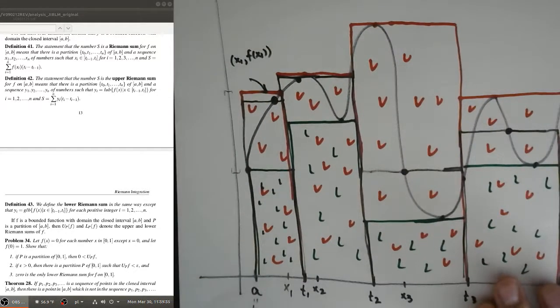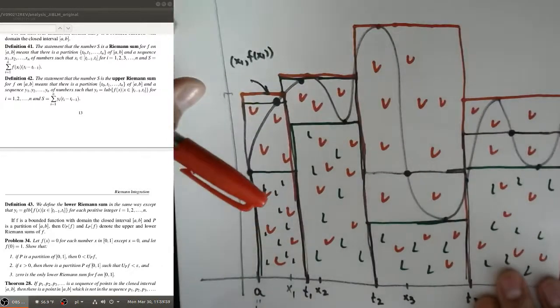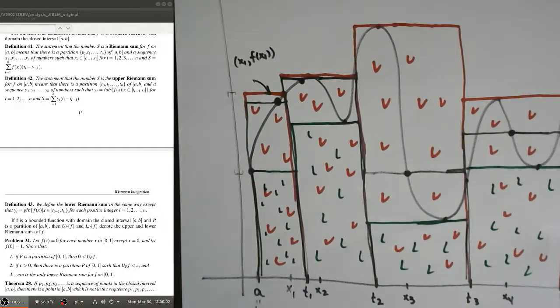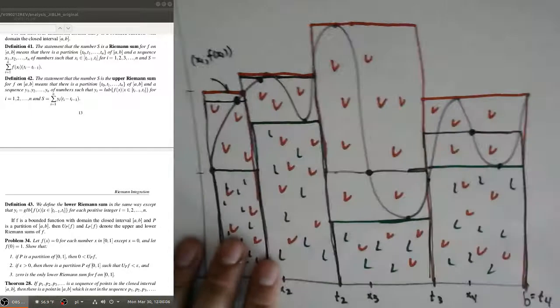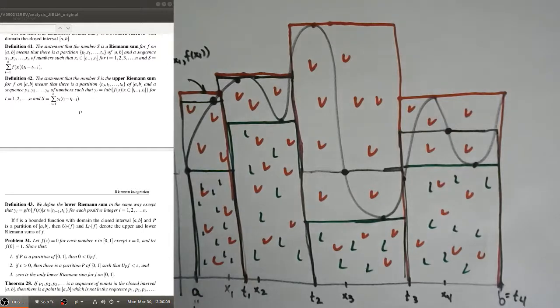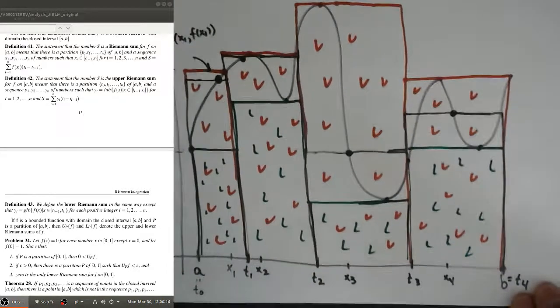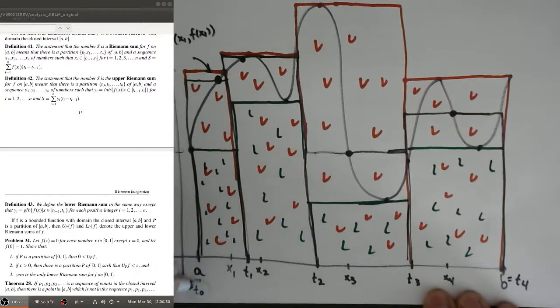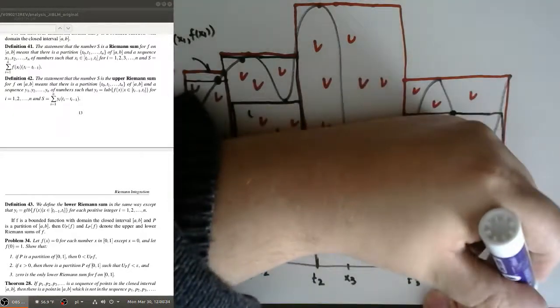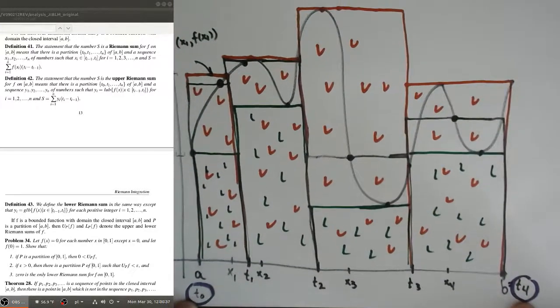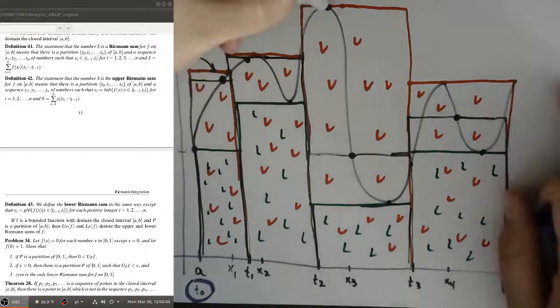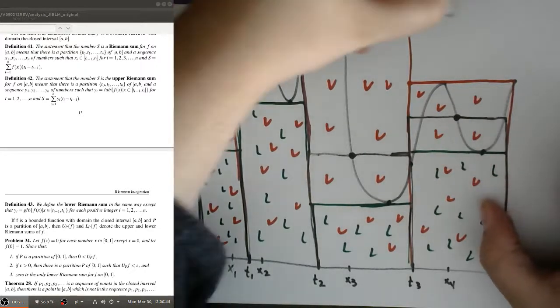Well, if I took this same function and made the simplest partition I could ever make, with only these two values, T0 and T1, then the upper Riemann sum would start at this height, and that would be it.